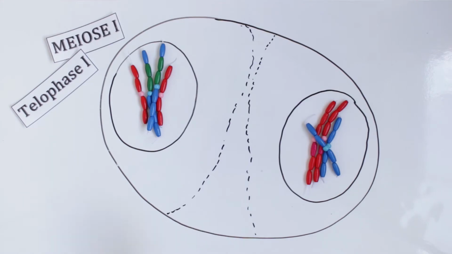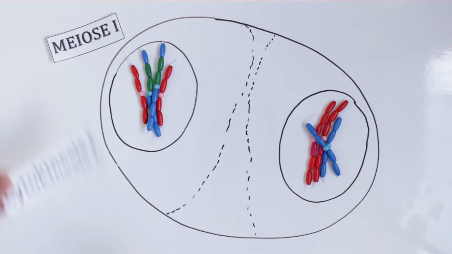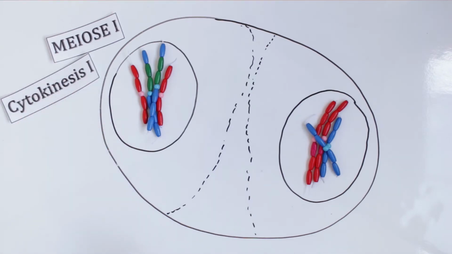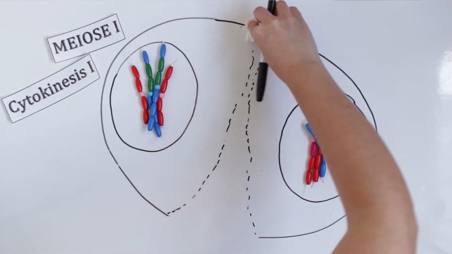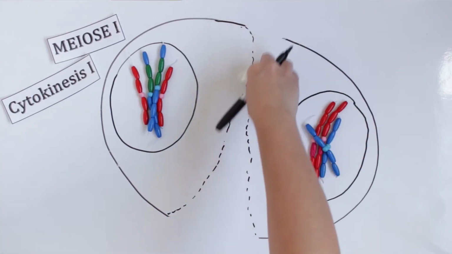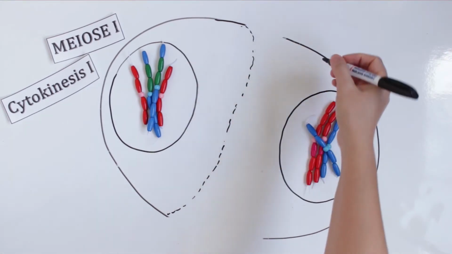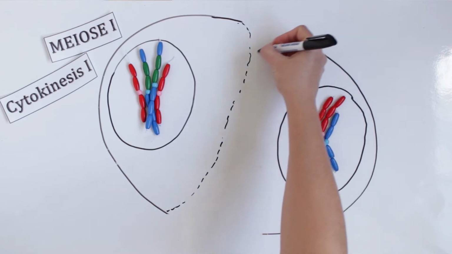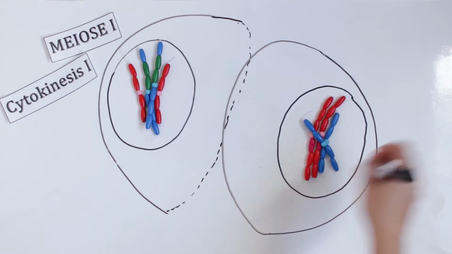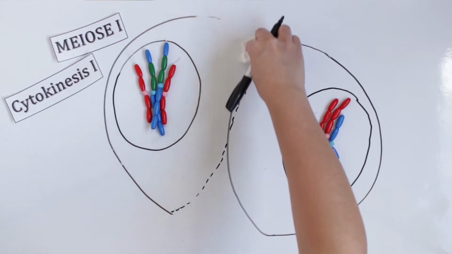Okay? After telophase, how do I finish? With the first cytokinesis. What happens in the cytokinesis? The cell just splits in two. So I'm gonna redo this. I'm gonna redo this. And this one.